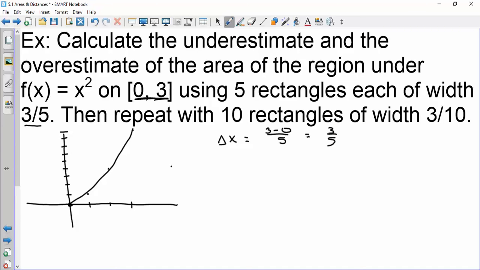How do we find area of a rectangle? Length times width. If I am doing 5 of these, we will essentially have 5 things to add together.